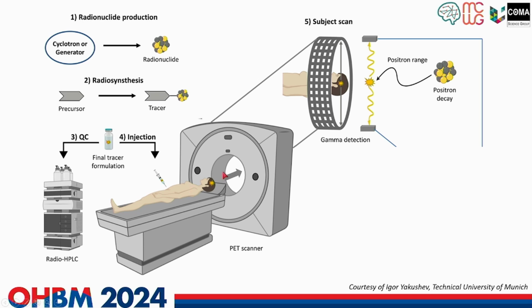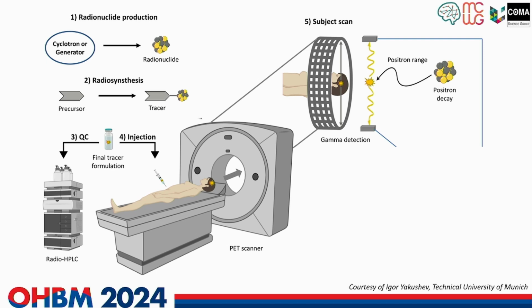How the measurement works is that your tracer will bind to the target of interest, and once it's there, the tracer is decaying, as an active isotope. Its decay will emit a positron, which will travel for a few millimeters until it encounters an electron. When this happens, matter and antimatter annihilate, right? And so we have two gamma rays at 511 kiloelectron volts of energy that are emitted at 180 degrees, and we detect this coincidence.